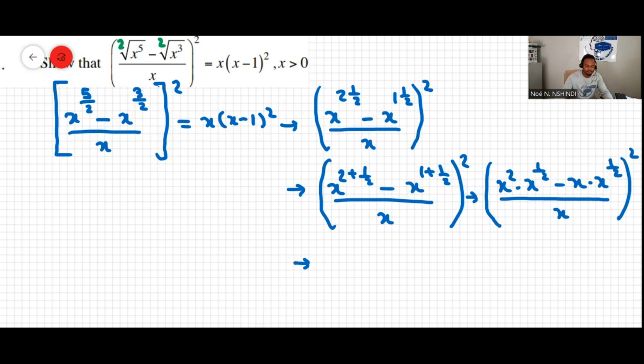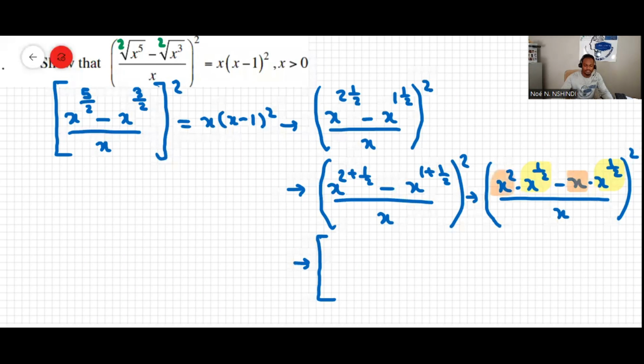Then we can take x multiplied by x to the power of a half as the common factor, all over x to the power of 2.